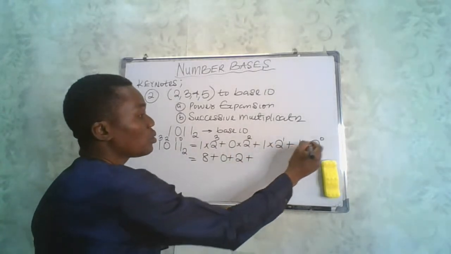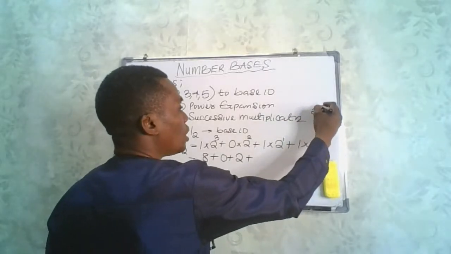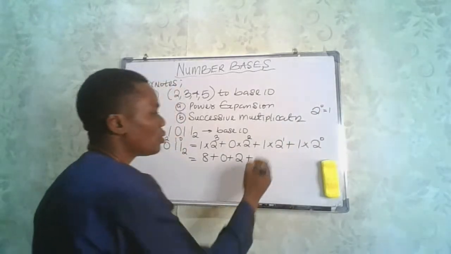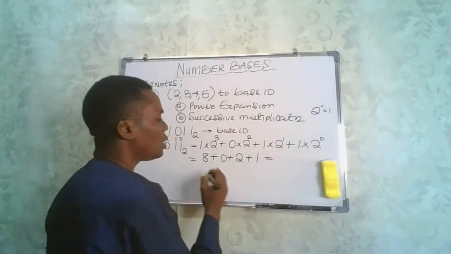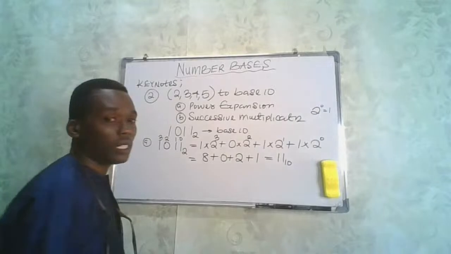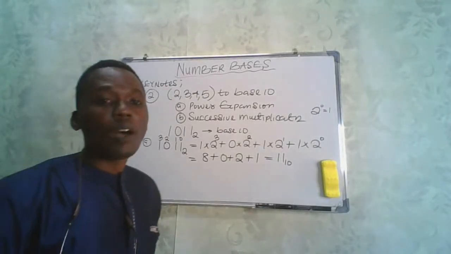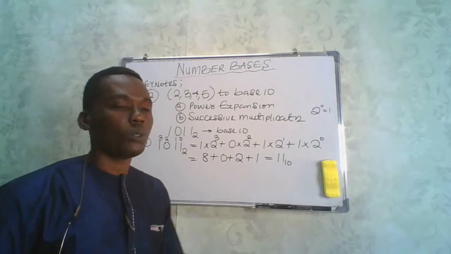Plus 1 multiplied by 2 to the power of 0, which is 1, so this is going to give us 1. And if you add all these, you're going to see that this is 11 in base 10. That is the use of the power expansion method.